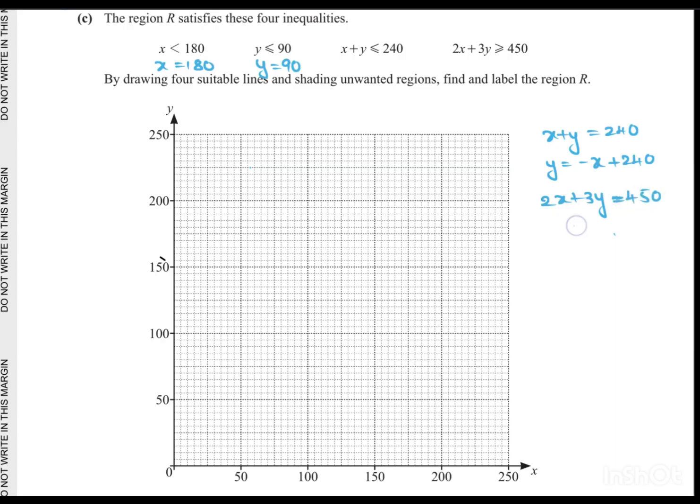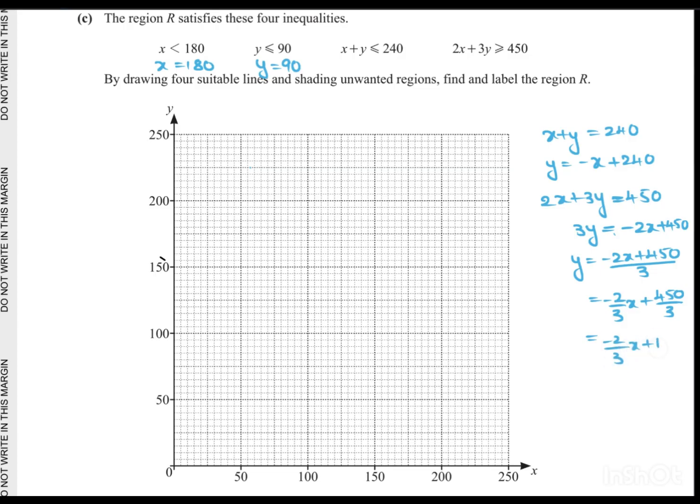Keeping y on the left hand side, bring the x term onto the right hand side. So y is equal to minus 2x plus 450 by 3. Bring the denominator 3 separately, so you will get minus 2 by 3 x plus 150.